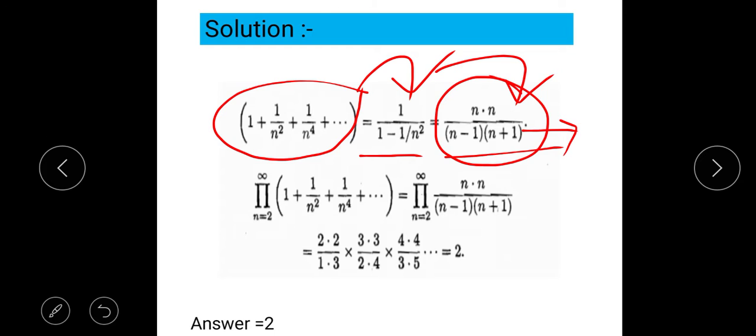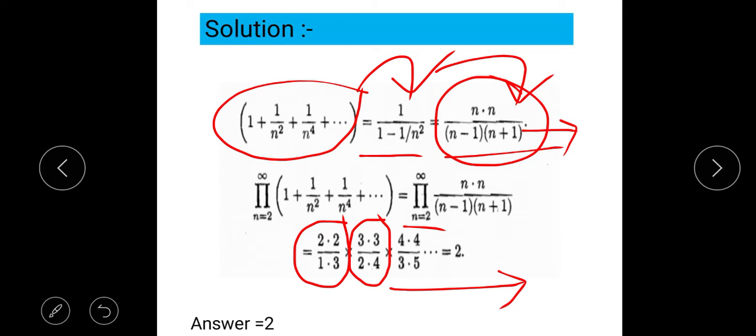Now simply you put the values n equal to 2, you will get 2 multiplied by 2 upon 1 multiplied by 3, and then you put n equal to 3, you will get 3 multiplied by 3 upon 2 multiplied by 4, and you put n equal to 4, and so on.